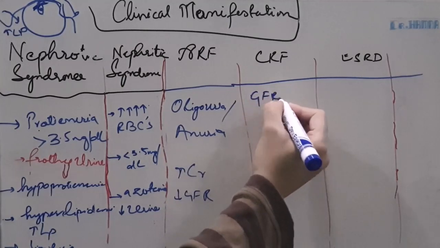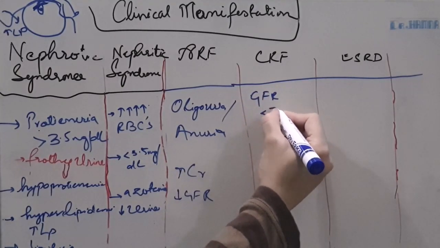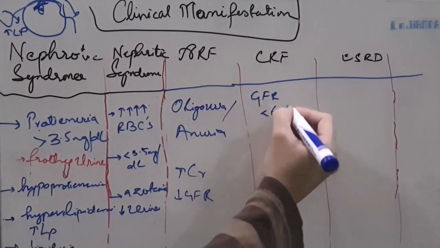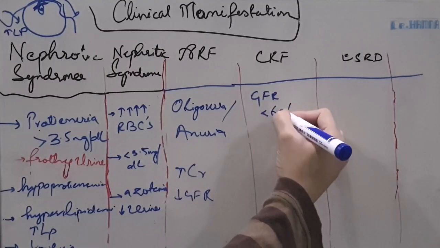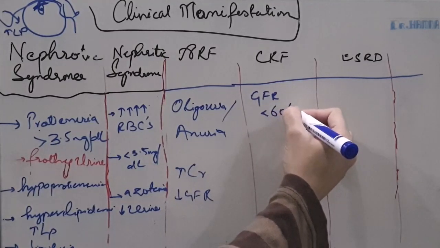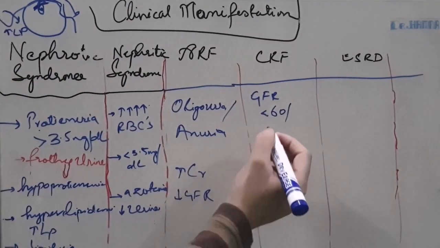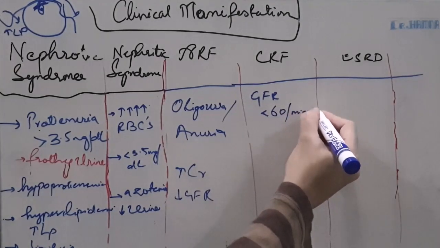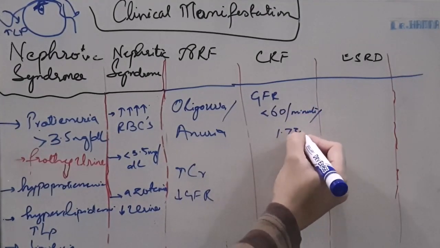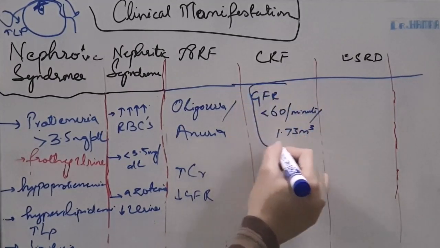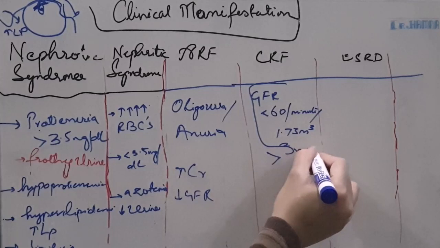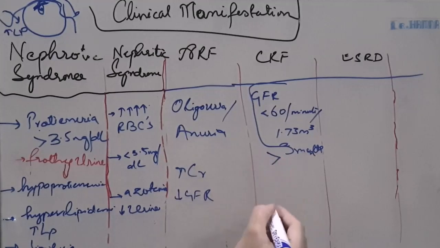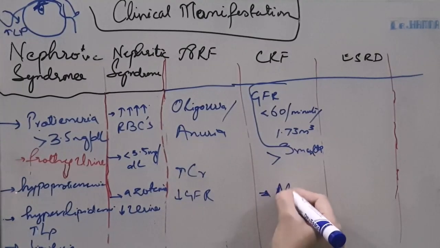If the GFR falls below 60 ml per minute per 1.73 meter square, and this condition lasts for more than 3 months, then the patient is diagnosed as a case of chronic renal failure, or the patient has persistent albuminuria.